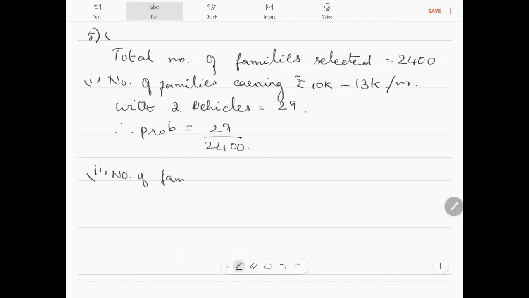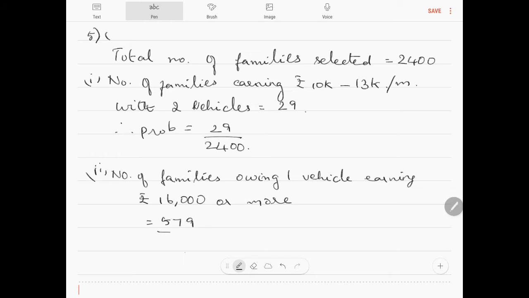So the number of families owning 1 vehicle and earning rupees 16,000 or more is 579. That is the last one in the table, divided by 2,400. So it is 193 by 800.